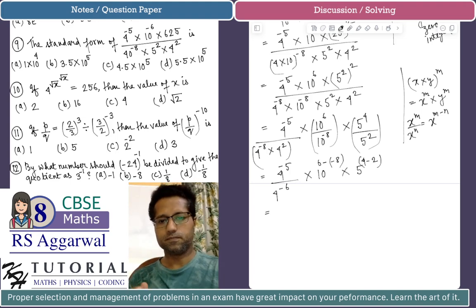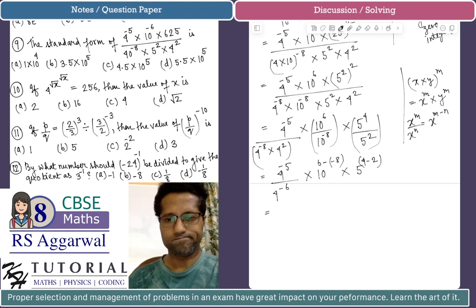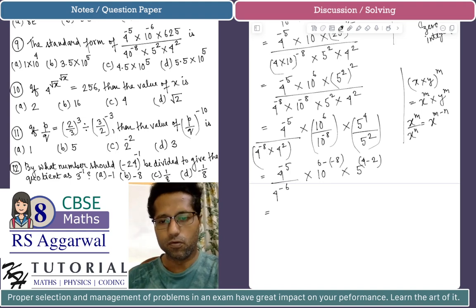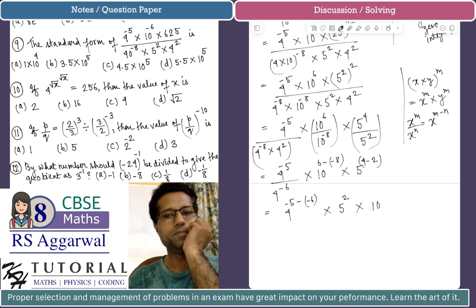This is equal to 4 to the power minus 5 minus of minus 6 multiplied by 5 square multiplied by 10 to the power minus 2.